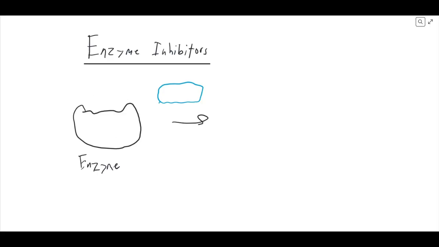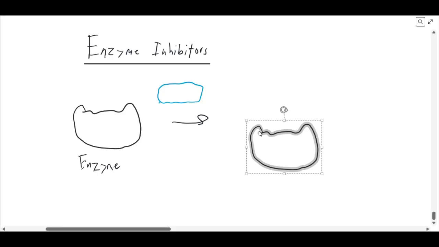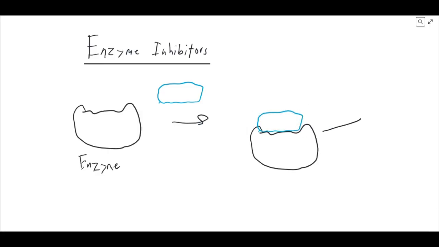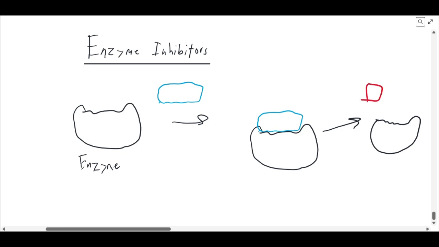When they come together, they form an enzyme substrate complex, something like this. Afterwards, the substrate itself doesn't change at all. But then let's just say we had new products that are broken off halfway in between here, so we have these two as our product.